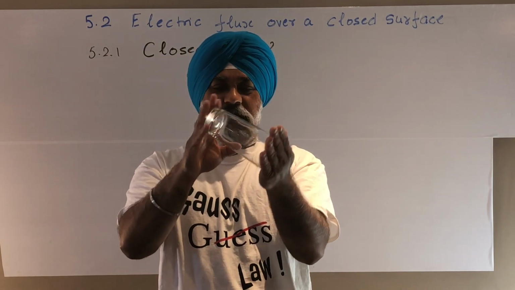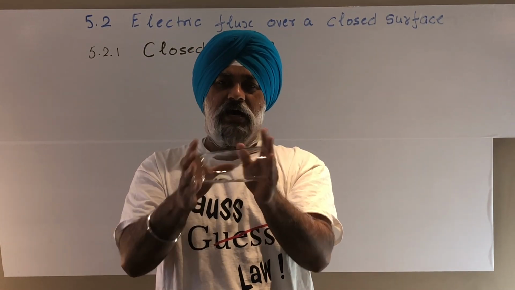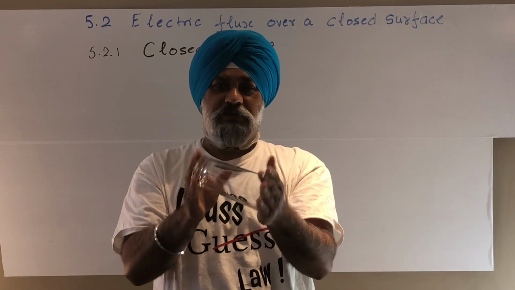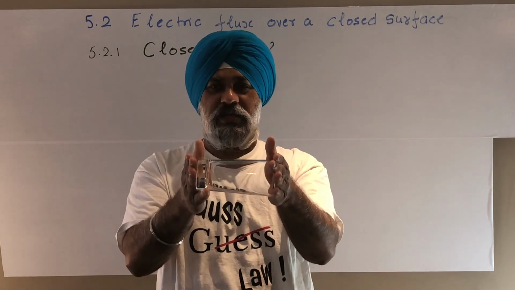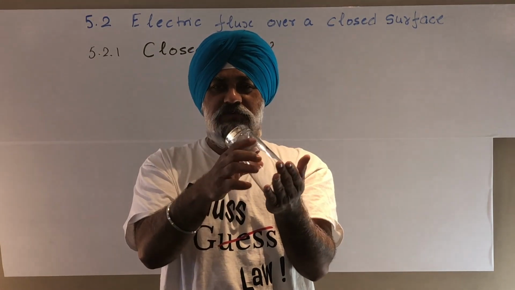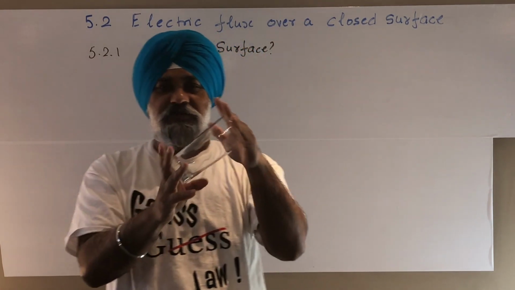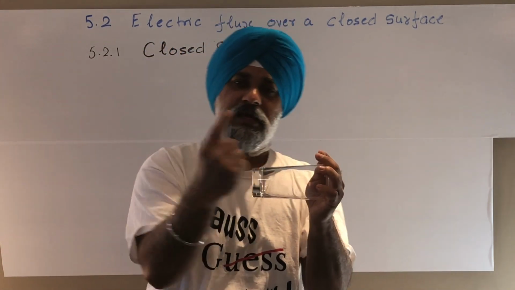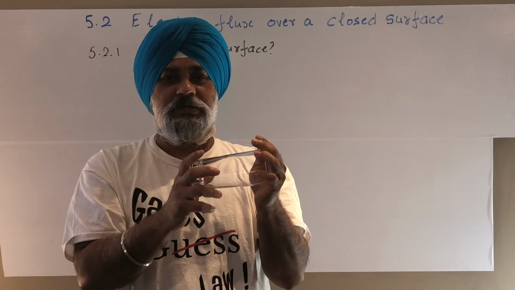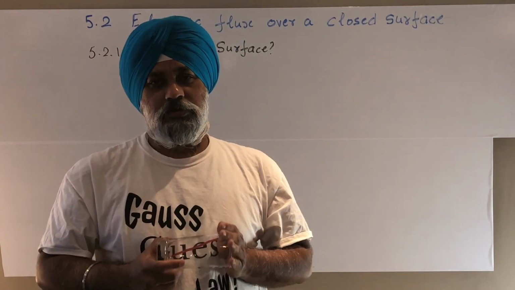To go inside and see what is happening inside the glass, I will have to make a hole somewhere. I can't just go inside the glass anymore. Now this surface, which consists of this glass and this cap made by my hand, has completely enclosed the volume inside it. It has completely created a boundary around the volume inside it.